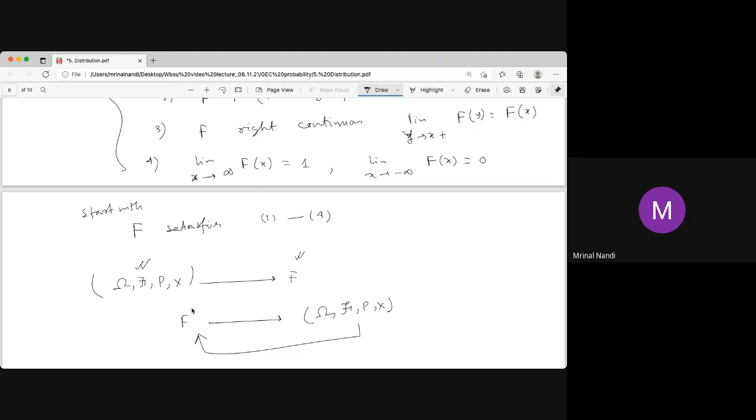If you start with f, there are several. You can give infinitely many random experiments that have the same f. That is the beauty, the importance of this distribution function. There are infinitely many different types of random experiment, but they end with a single, same f.